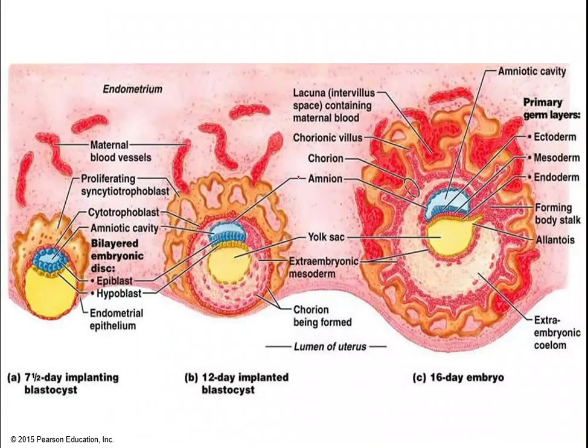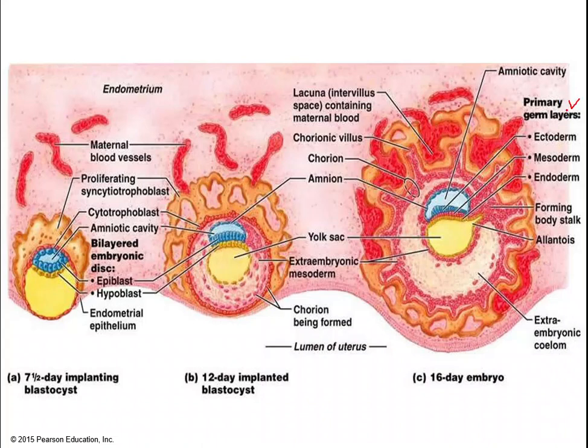So as embryonic development continues, the bilaminar germ disc, which consists of the epiblast and the hypoblast layers, will reorganize to give rise to specific primary germ layers.